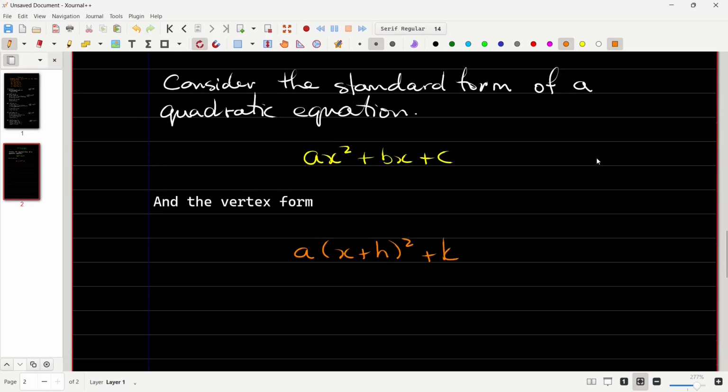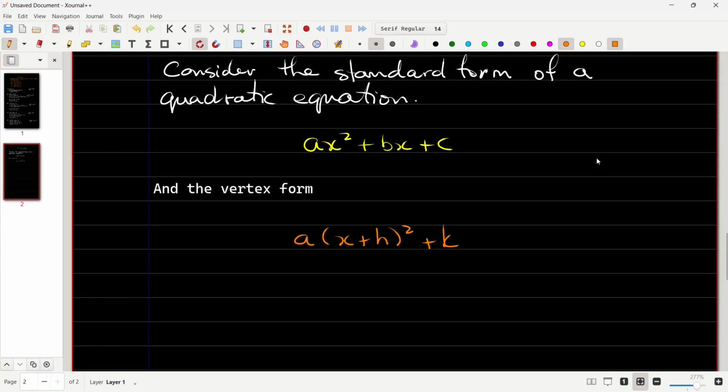All right, now what we want to do is express h and k in terms of a, b, and c. So let's expand the vertex form and compare it to the standard form of a quadratic equation. So we're going to take this, expand it, then compare that expansion to this, and then we're going to see exactly what we get.